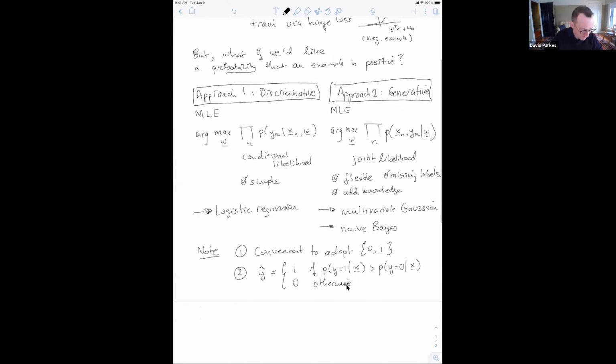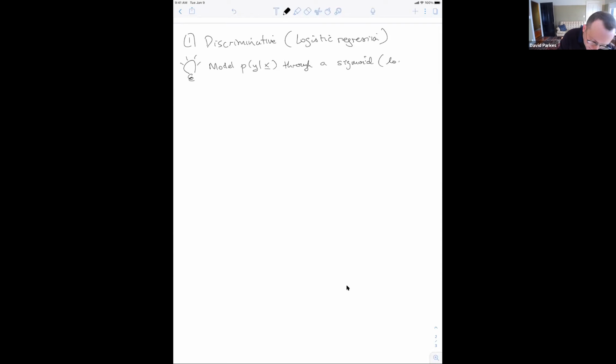Okay. So let me talk about this discriminative approach first. Logistic regression. Here's the idea. We'll model P(Y given X) through a sigmoid, also called a logistic function.